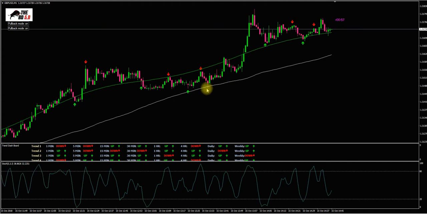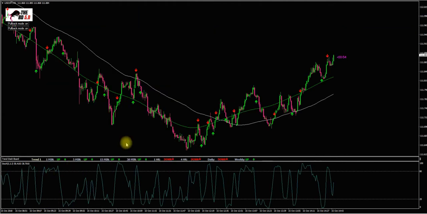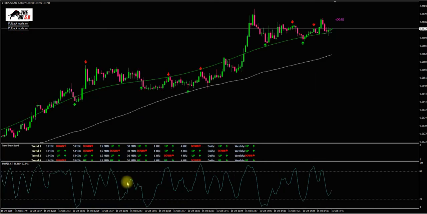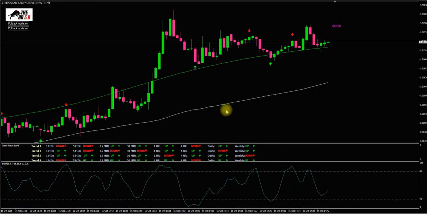GBPUSD, here's another trade. Was it this trade I broke down? No, it was USDJPY. If we look at GBPUSD, we have a trade here. This trade was a risky trade. If you read my PDF, you would have seen that this was a risky trade.